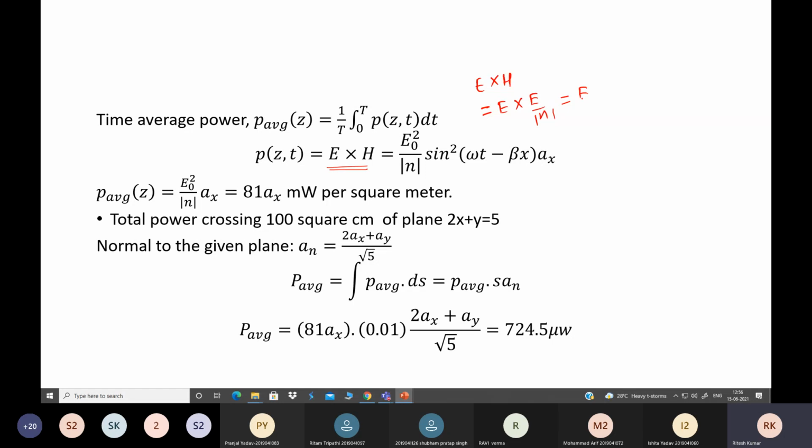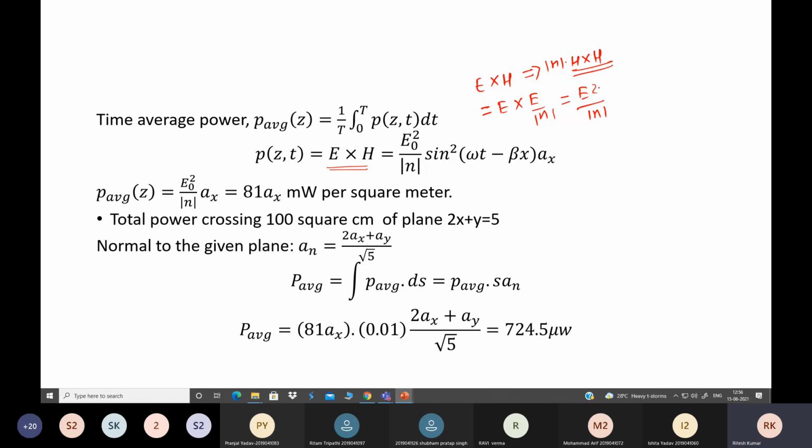So we can write E square divided by eta. You can also convert it in terms of the magnetic field. How? E can be written as eta into H. So when we multiply, we can write half eta H square like this.